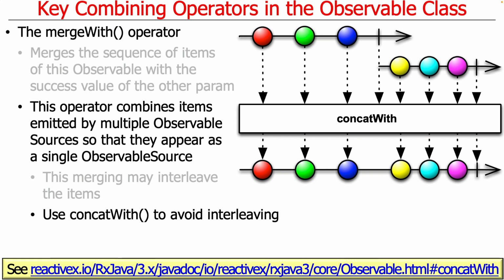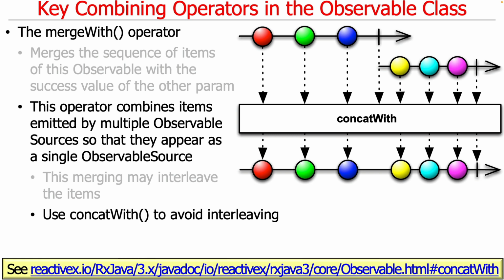If you don't want interleaving, then use concatWith. So concatWith will take all the ones from the first observable, put them in the merged observable, followed by all the ones in the second observable. So concatWith avoids interleaving. In practice, you just have to decide whether you care about interleaving.